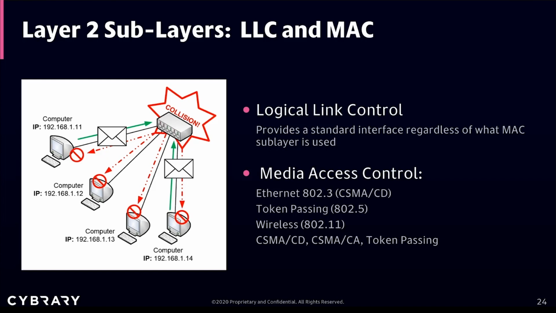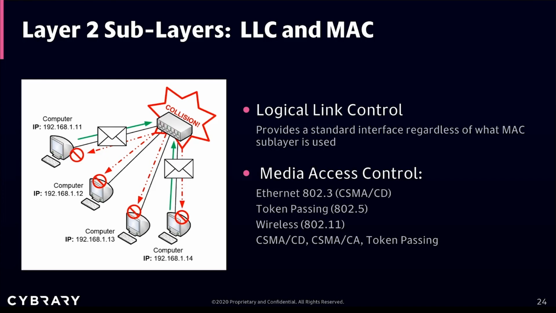Another media access method that we don't see very much today is token passing. If you're familiar with the old token ring networks that were around in the 90s and early 2000s, basically there was a 24-bit control frame on the network. It would move from host to host to host. And if a system wanted to communicate, it would capture the token, then put its message out there.